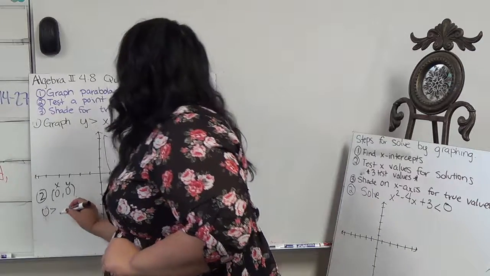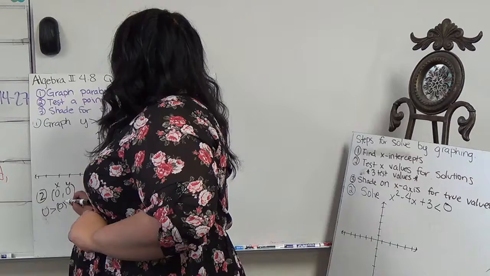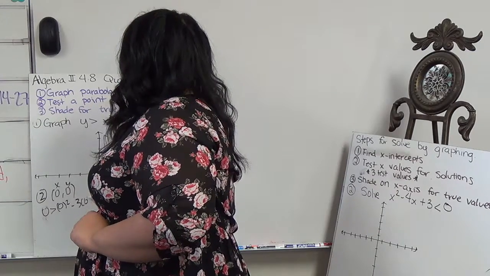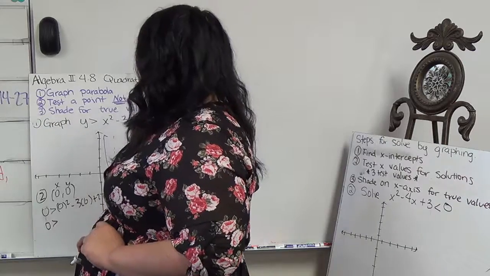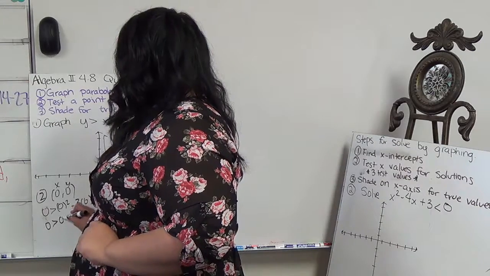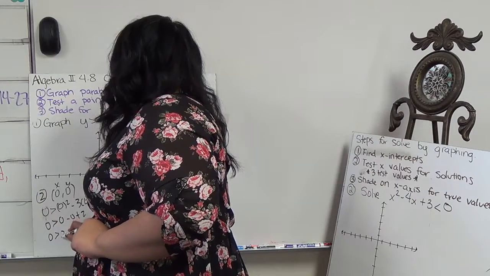So 0 is greater than 0 squared minus 3 times 0 plus 2. So 0 is bigger than 0 minus 0 plus 2. Is 0 bigger than 2?